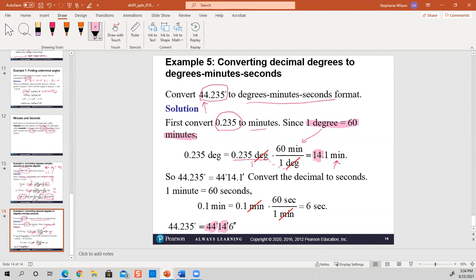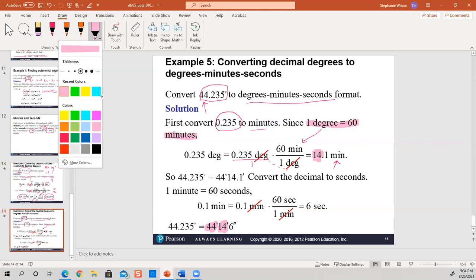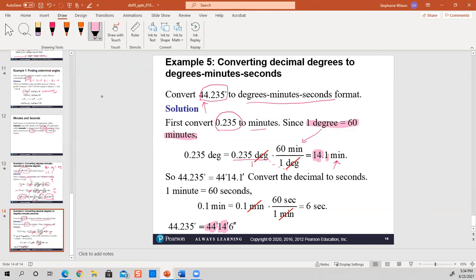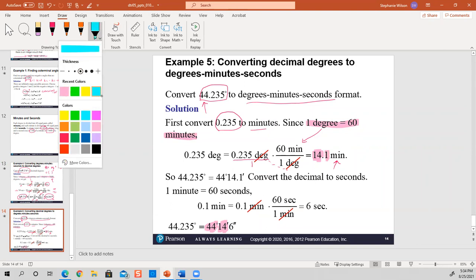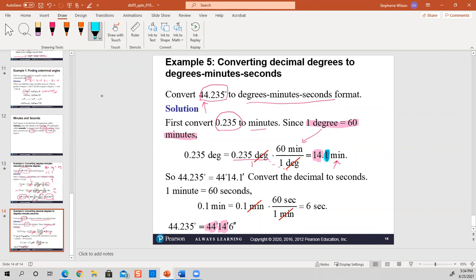Almost done. So what do I need to do to find seconds? I'm going to take this decimal here and convert it to seconds using what I know. I know 1 minute equals 60 seconds.